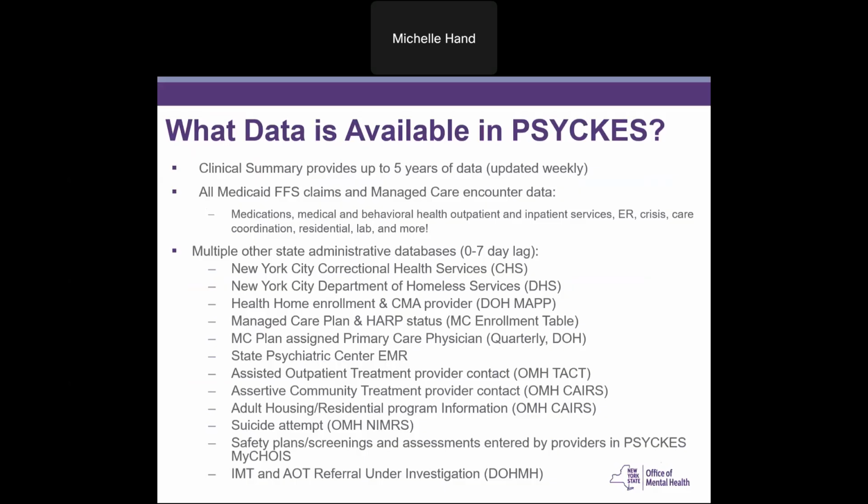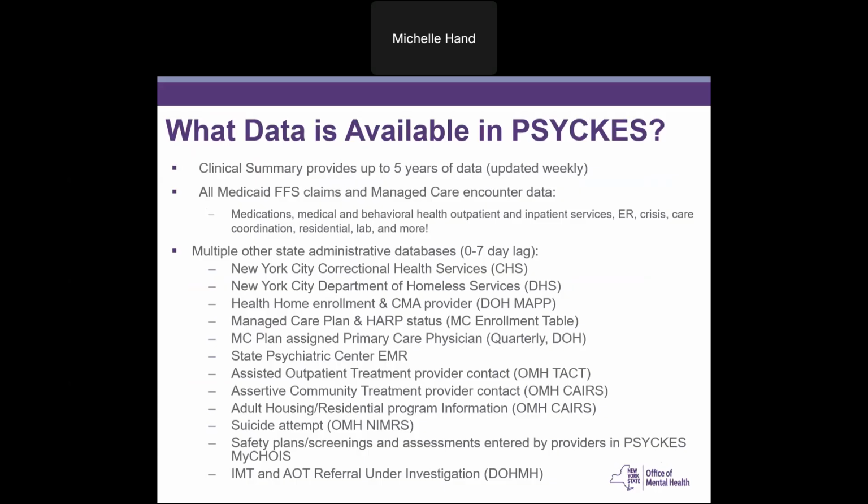Now again, besides the Medicaid billing bucket that we have funneling into the clinical summary, we also have our state administrative databases. And these sources are considered more real-time since the lag here is 0 to 7 days. So here's a list of all the state administrative databases that we have filing into PSYCKES.